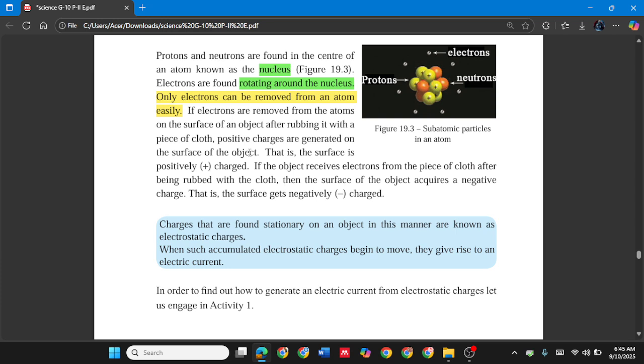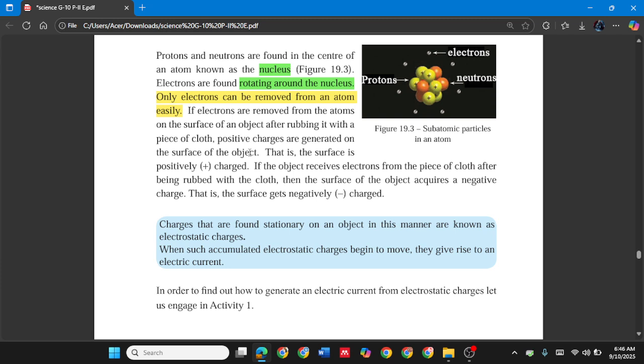If the object receives electrons from a piece of cloth after being rubbed with a cloth, then the surface of the object acquires negative charge. That is, the surface gets negatively charged. That means if electrons are removed, there's an electron deficiency, so it is positively charged.